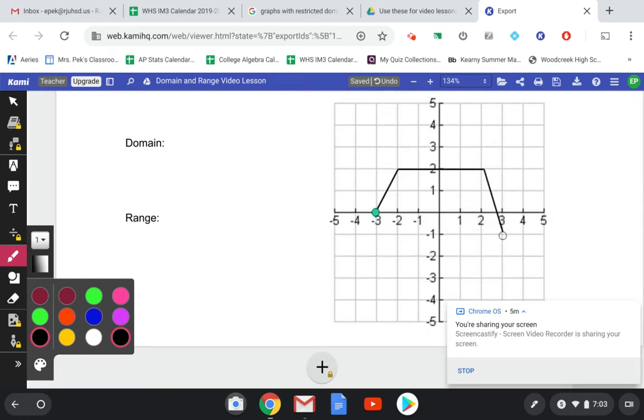Okay, last example. If you want to pause the video now and try it on your own, that might be a good idea. All right, so for the domain, we want to see how far left and how far right the function goes. All the way to the left is going to be negative 3, and to the right is going to be positive 3.